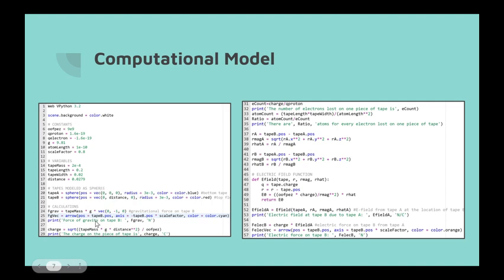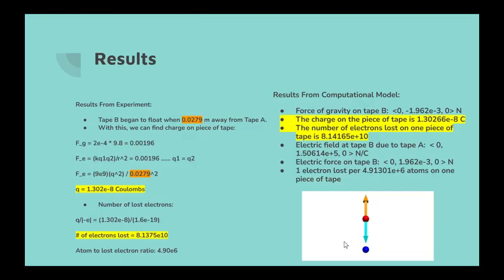And these lines of code right here are for calculating the force of gravity and equating that to the electric force so that we could solve for the charge on each piece of tape, which is then outputted right here. This model was also used to calculate the number of electrons that were lost, as well as the ratio of atoms to electrons lost, as well as the electric field and the electric force on tape B, or the hanging tape.